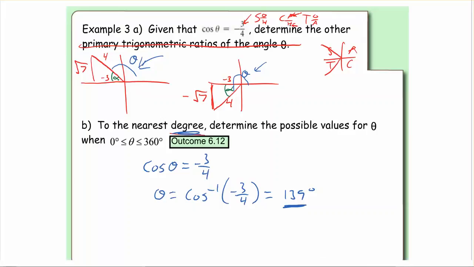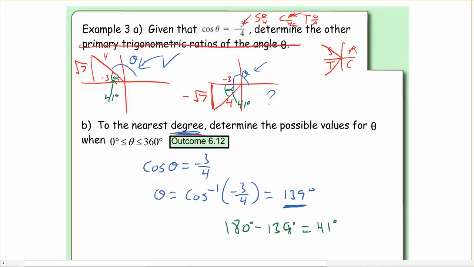So we figured out one possible value, the one up here. We have to figure out this one. What's the possible angle here? All we have to do now is figure out what our reference angle, alpha, is there. I can figure that out pretty easily by going 180 degrees minus 139 degrees, which is equal to 41 degrees. Now I can see that this is 41 degrees, but that also means this is 41 degrees.